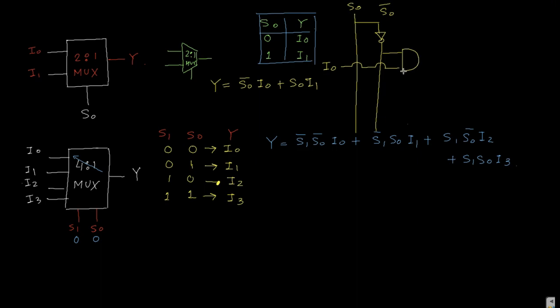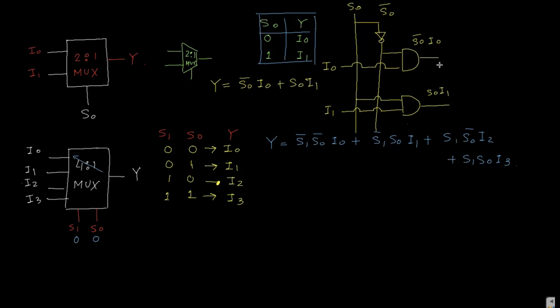So this is your AND gate, and here is your S0 and I1. If it is I1, so this is your I1 and this is your S0, these two are ANDed. So here output is S0 bar I0, here it is S0 I1.